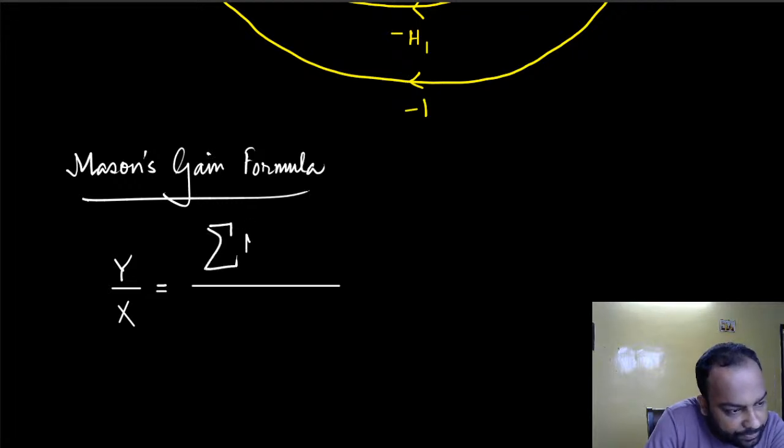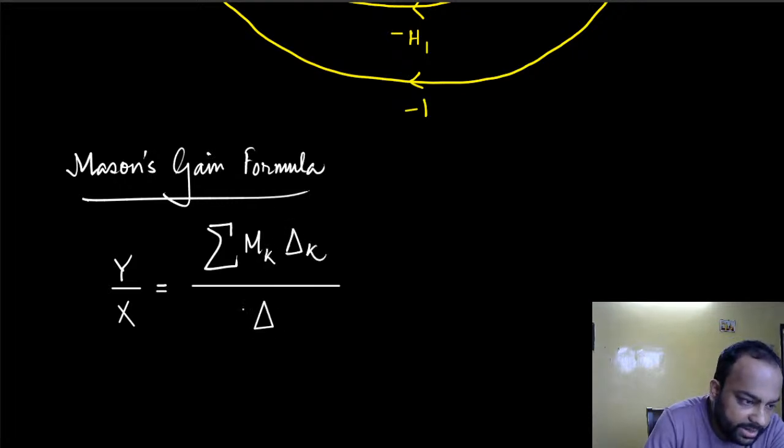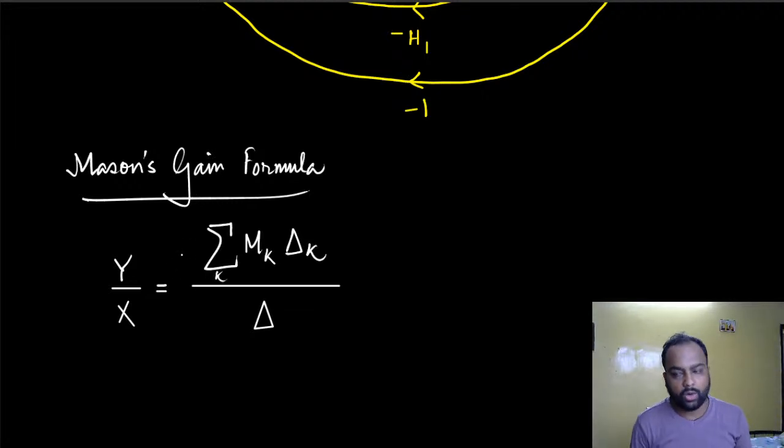Summation of Mk delta k divided by delta, summation over k. That formula might seem pretty difficult at this point, but when I explain it, it will be pretty easy to understand, I believe.